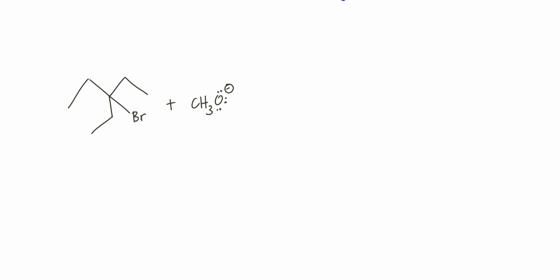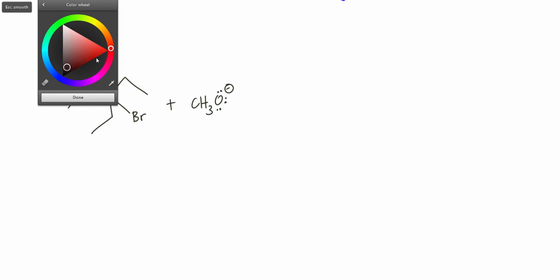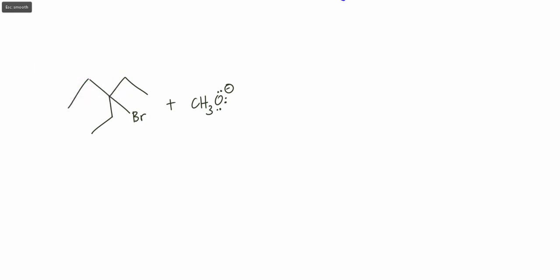Now, the first thing we want to do is look at the carbon attached to the halogen and name it alpha. Beta is every adjacent carbon attached to the alpha carbon. So this is a beta carbon, this is a beta carbon, and yes, this here is also a beta carbon.